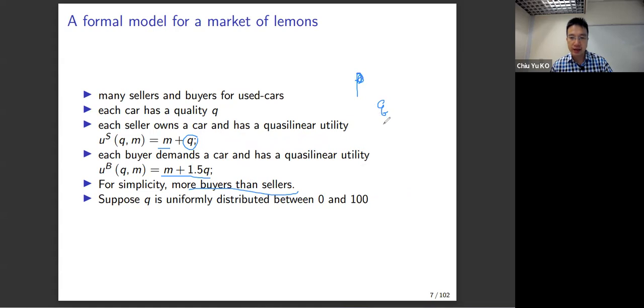If I sell the car, I get the price P. Okay. And for a buyer, if I get the car, I will have 1.5Q minus P. Okay. If I don't get the car, I have 0. So I think that would be easier to understand. Easier, right? And Q is uniformly distributed between 0 and 100. I hope this is clear, what I mean. Is that clear now? Okay.